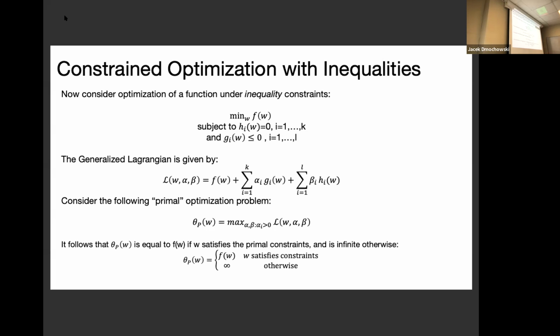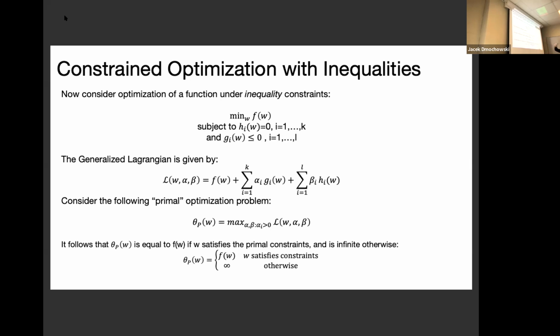There's a version of Lagrange multipliers that handles inequality constraints. If h_i is your equality constraint, that's what we had in the example we've just been working through, and that gets a Lagrange multiplier. And then g_i is an inequality, and that gets another Lagrange multiplier.